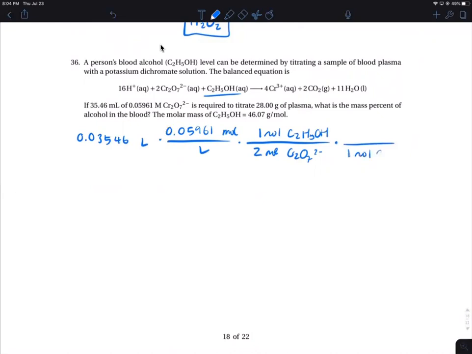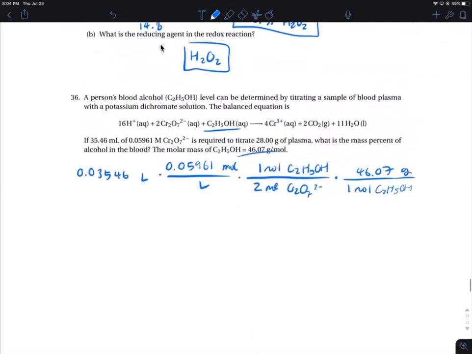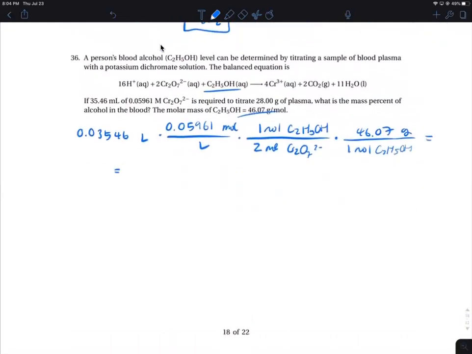1 mole of C2H5OH. Molar mass is given, it's 46.07 grams. That gives us 0.04864 grams of C2H5OH.